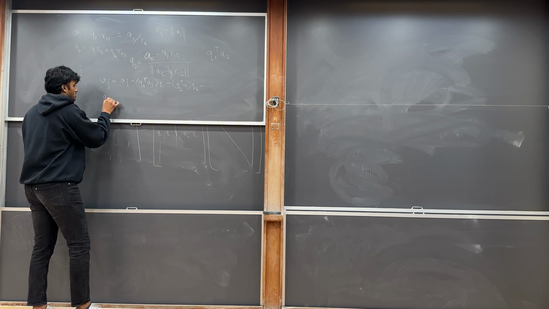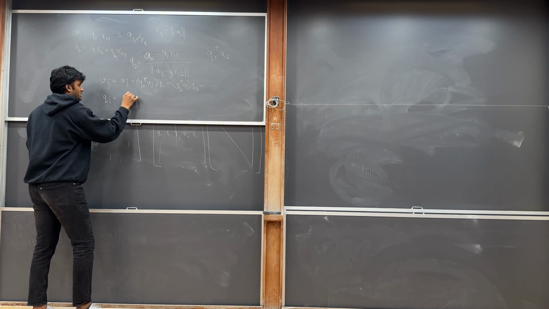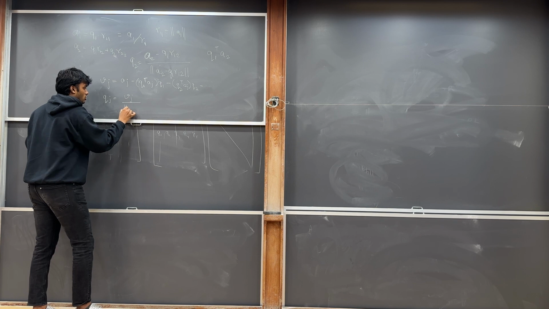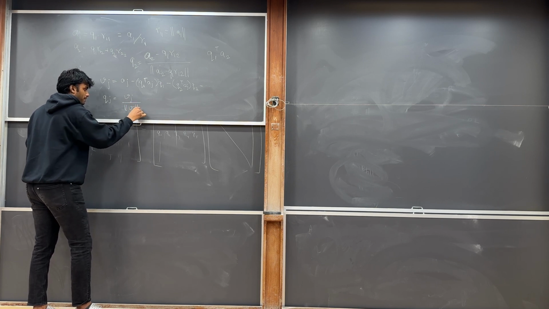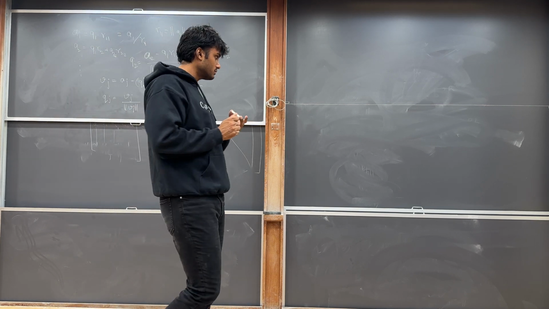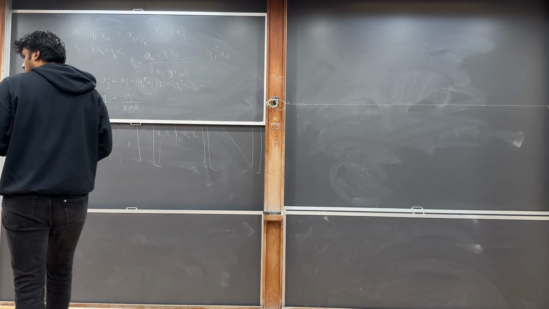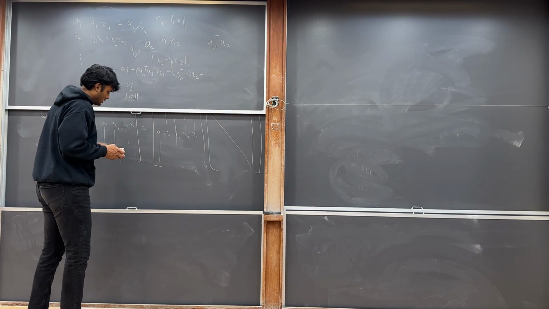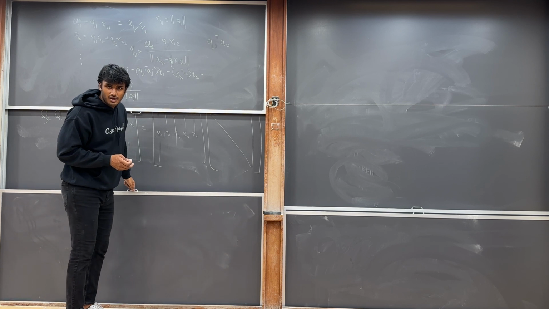Next, Qj is just Vj divided by the norm of Vj. Right? So this is how my first naive algorithm works.